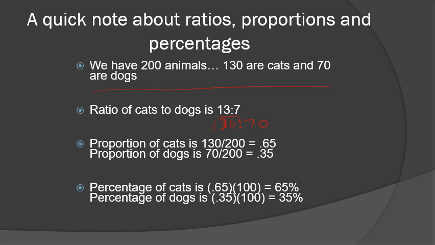If we do proportions, the ratio is 13 to 7, but the proportion of cats, we would take our 130, our number that's cats, divided by our n, which is our total, so n equals 200. Let's say x is cats and y is dogs.